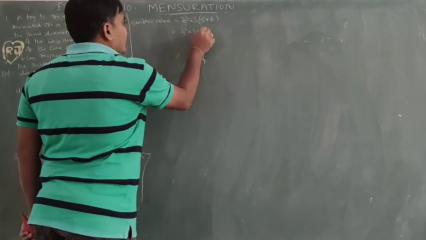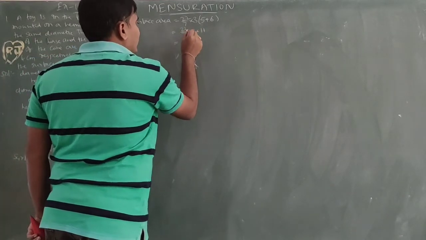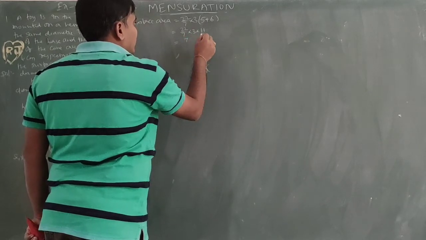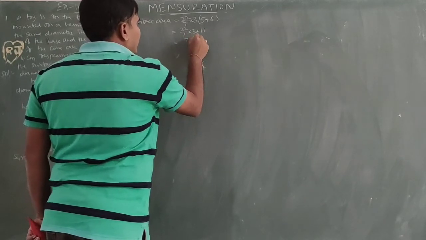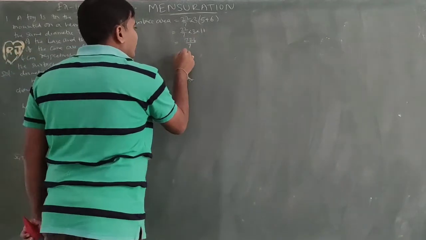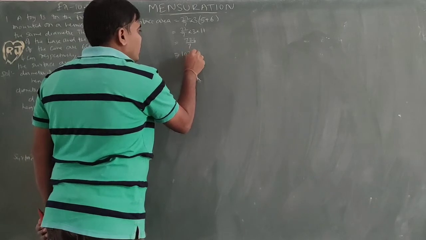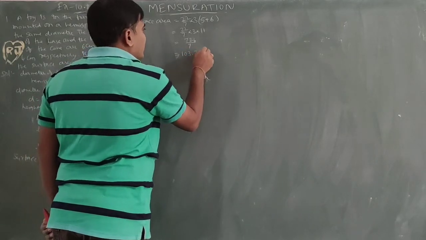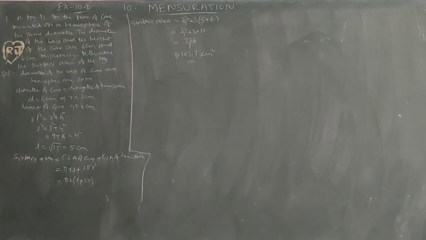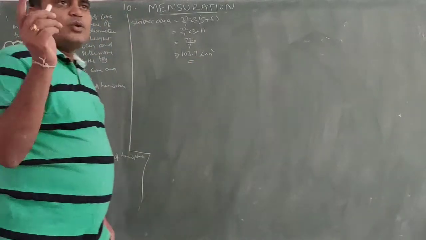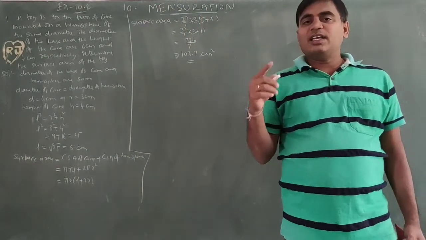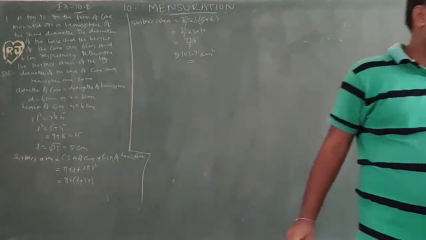So 22 into 11 is 242, times 3 is 726, divided by 7, which is 103.57 centimeter square. This is the surface area of the toy. So we need to observe what is required when we need a surface area and understand it.